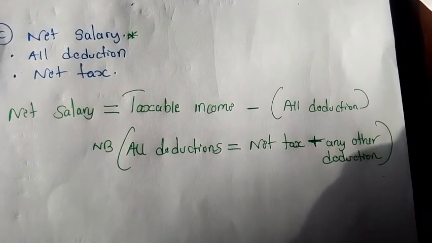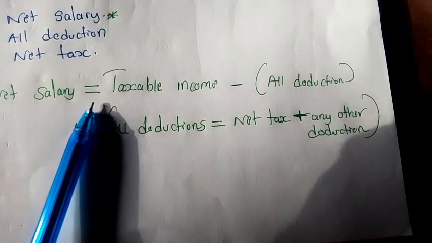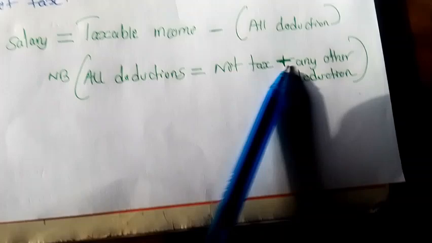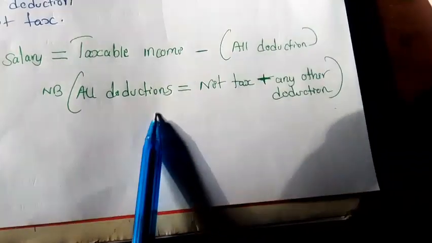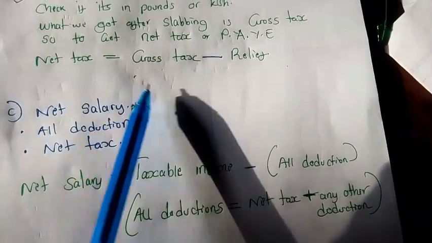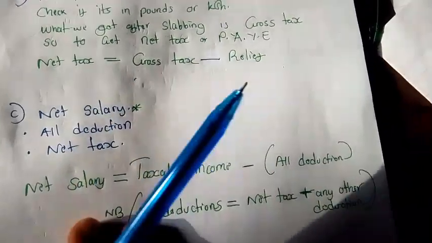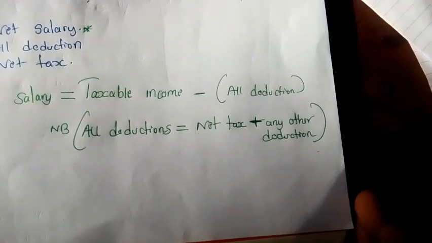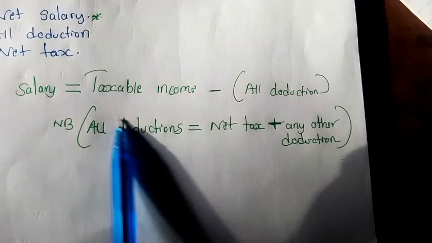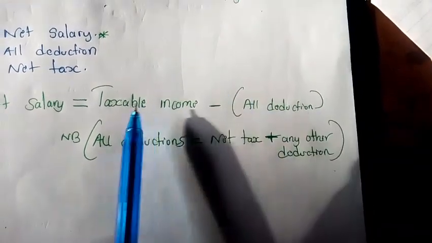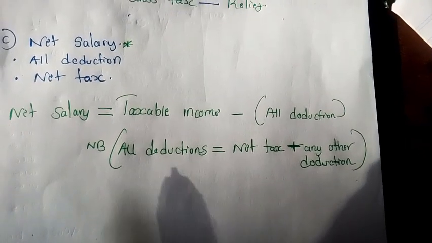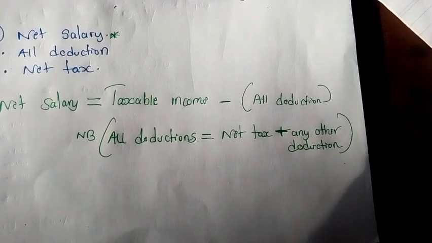So you will get taxable income minus all the deductions. How do you get all the deductions? You take the value I've got in net tax, plus any other deductions that you have been provided with. So when you get that, you put it here and you take taxable income minus all the deductions. Then you will get the net salary.